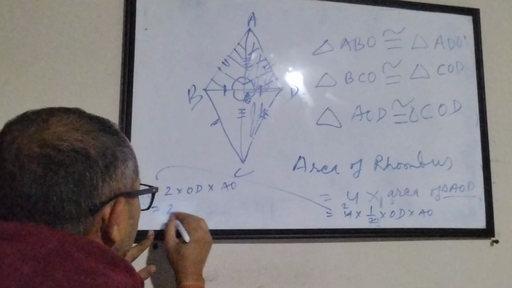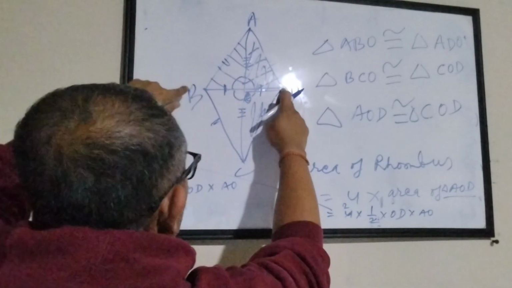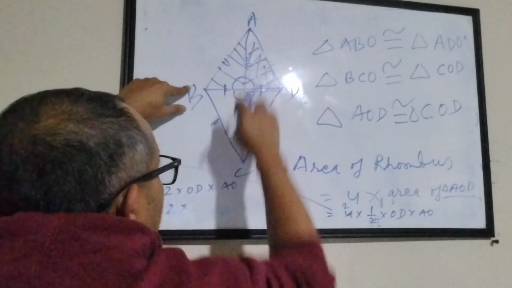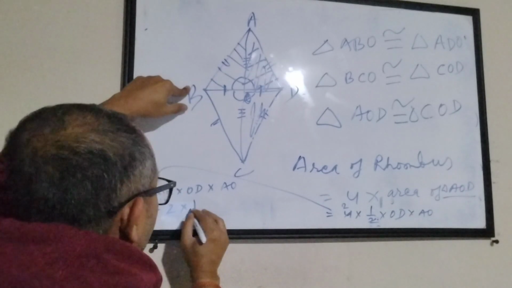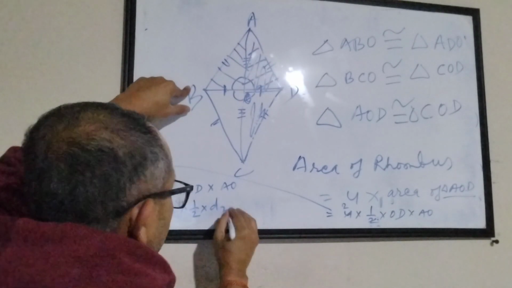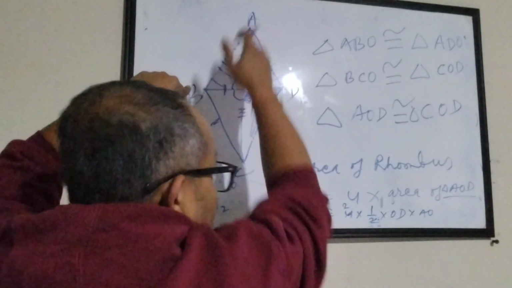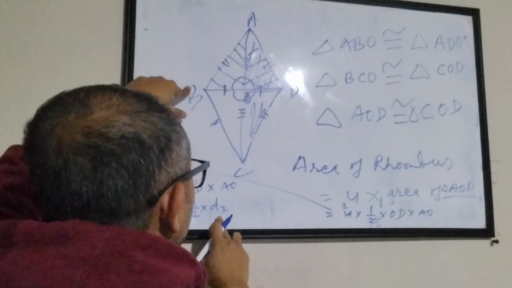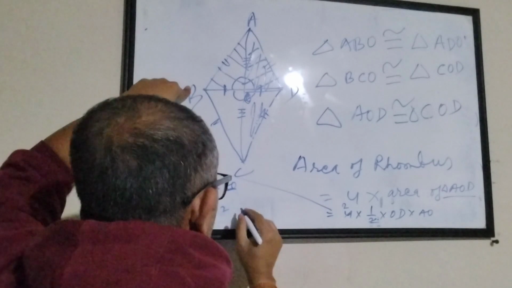Now what is OD? OD is half of the diagonal. Let's say we call this diagonal 1 and this diagonal 2. OD is half of diagonal 2, because the diagonals bisect each other perpendicularly. Similarly, AO is half of diagonal 1.